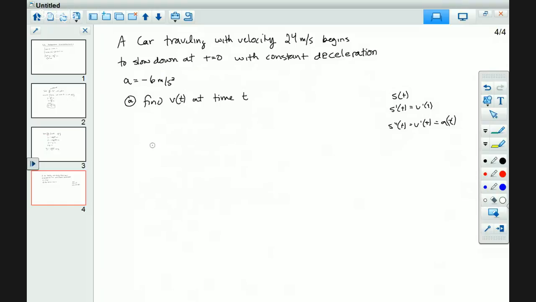So the antiderivative of the acceleration will give us what? The velocity function. So negative 6t, because we're in time, it's the x value. So this is v of t. Never mind the units for now.